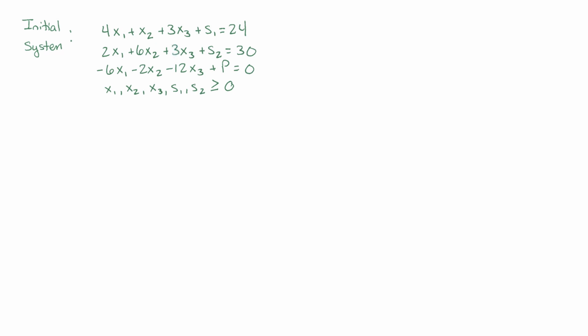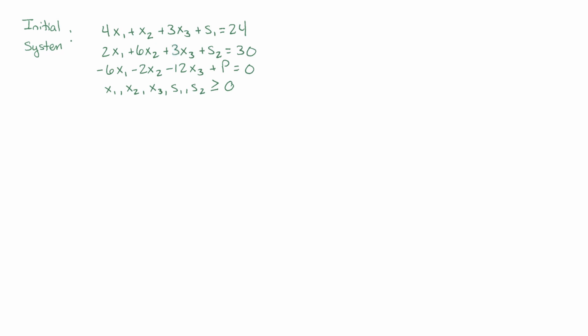And the new objective function rewritten looks like negative 6x1 minus 2x2 minus 12x3 plus p equals 0. And all of our x's and all of our s's are greater than or equal to 0.